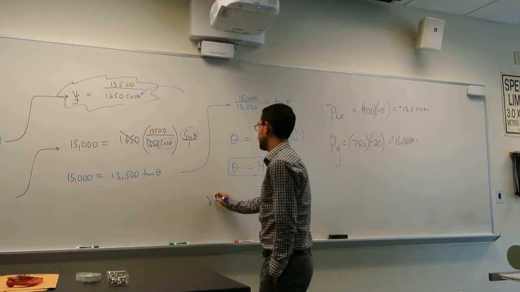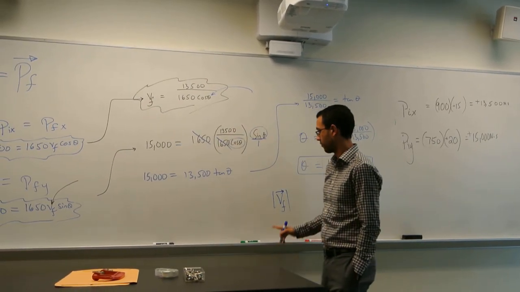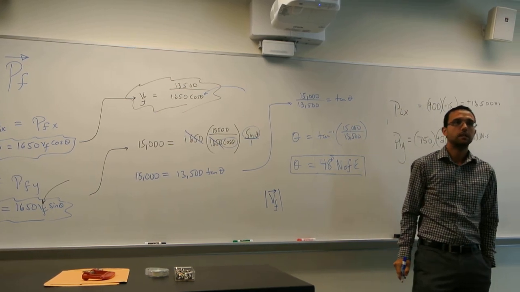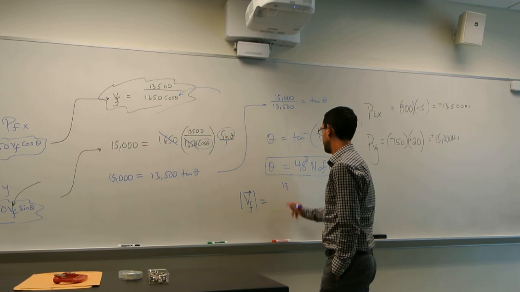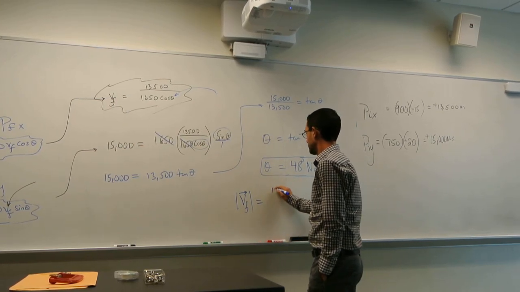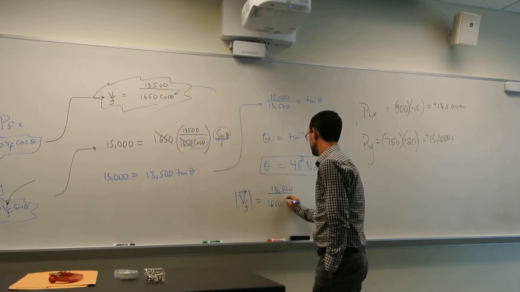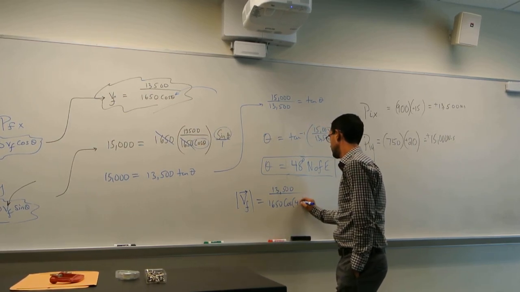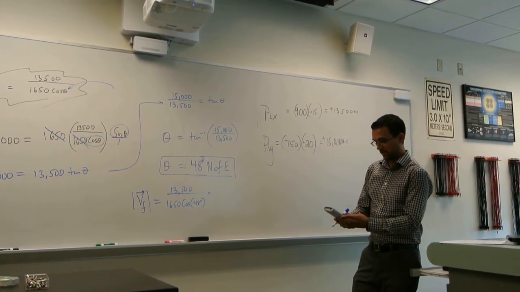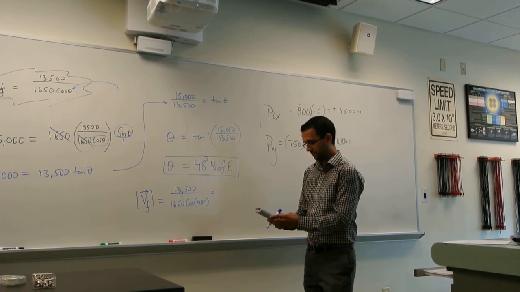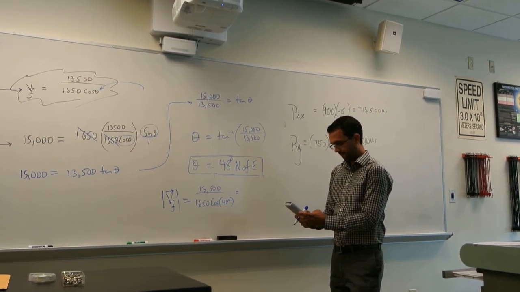That means your VF, and just know that VF here is shorthand for the magnitude of the final velocity, which is the final speed of the wreckage, is going to be equal to 13,500 divided by 1650 times the cosine of the angle, which is 48 degrees. So let's plug that in real quick to see what we get.